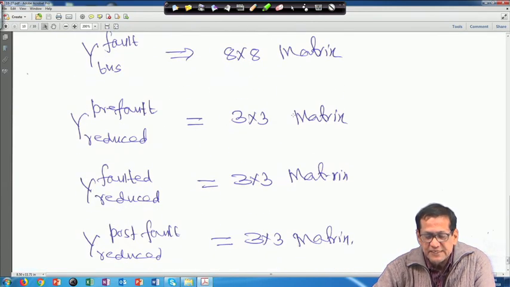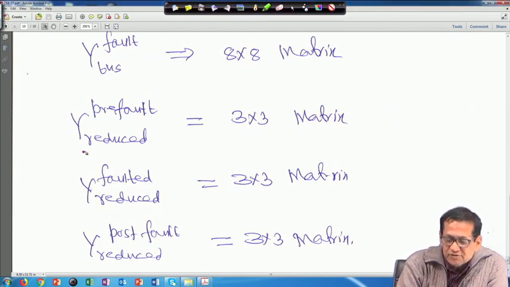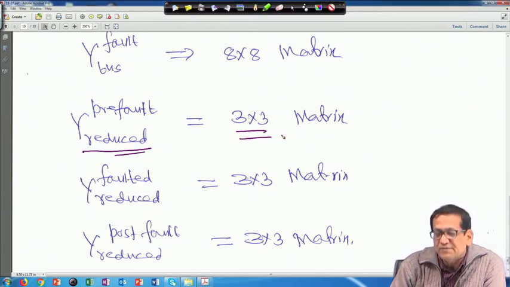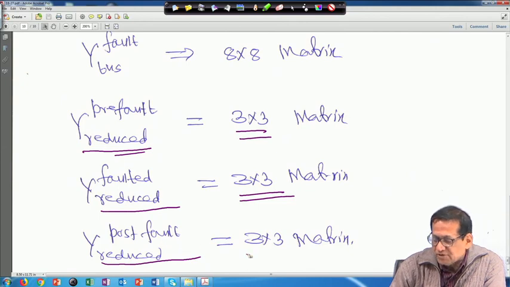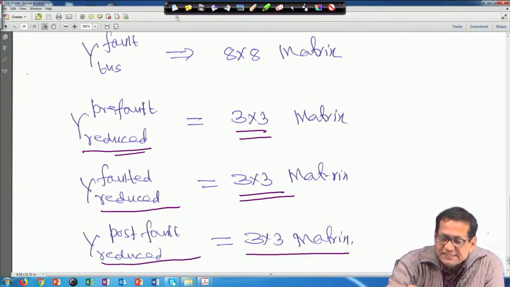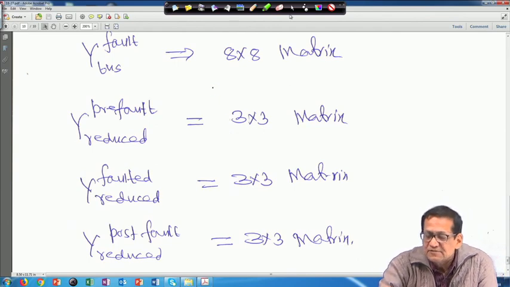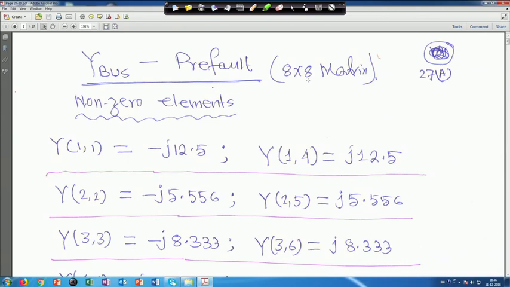When you reduce it, there are 3 machines, so the pre-fault matrix will be 3 into 3, Y bus faulted also will be 3 into 3, and Y bus reduced, that is post fault, will also be 3 into 3, because 3 machines are there. For that example, Y bus pre-fault is an 8 into 8 matrix.